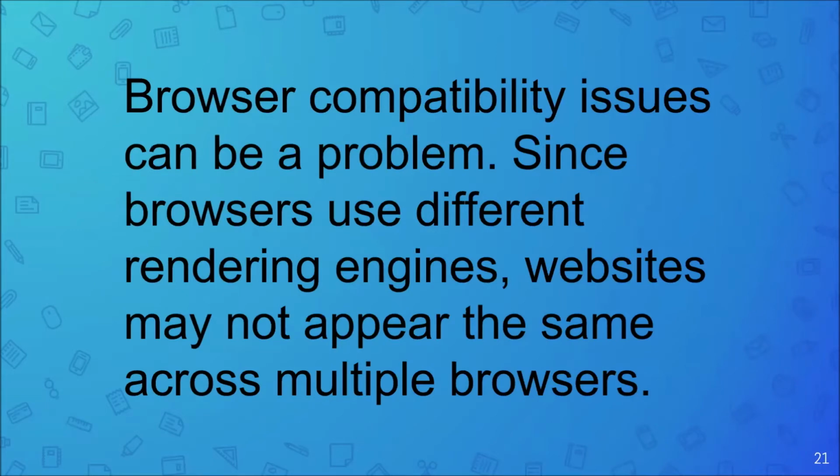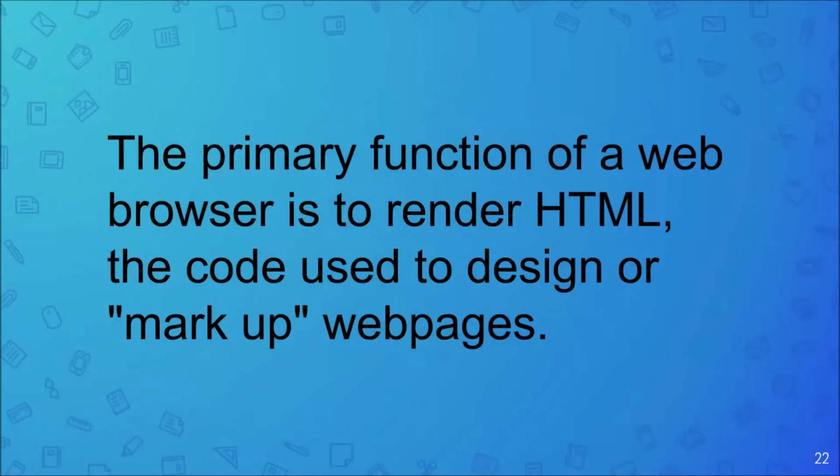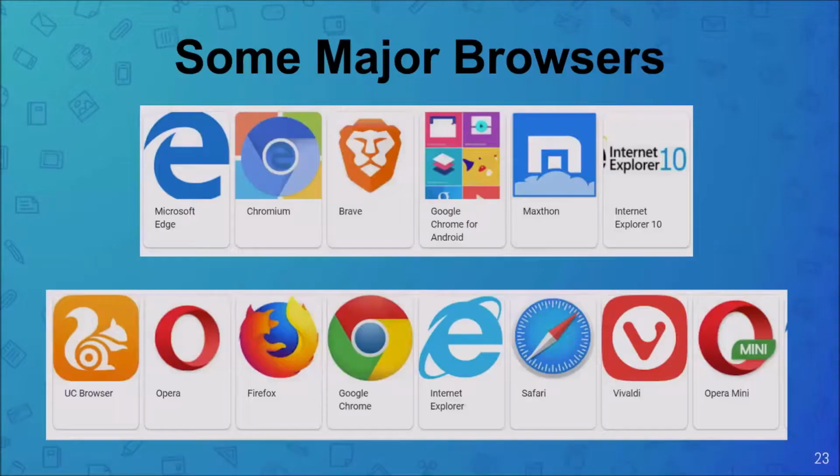Since browsers use different rendering engines, websites may not appear the same across multiple browsers. The primary function of a web browser is to render the HTML, the code used to design or mark up the web pages. These are some of the major browsers you may recognize, and you may be using one or more.